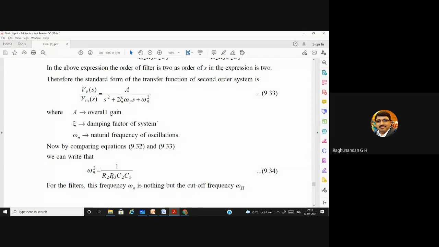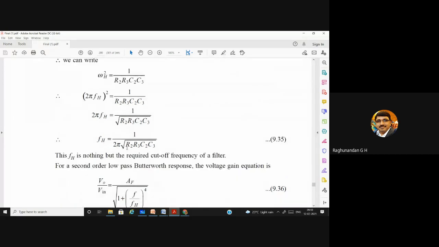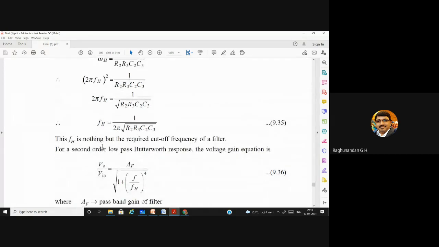Now we substitute 2 pi fh for omega h. So the higher cutoff frequency fh is equal to 1 divided by 2 pi into root R2, R3, C2, C3. This is the equation, and from this we will come to know the required cutoff frequency of the filter.